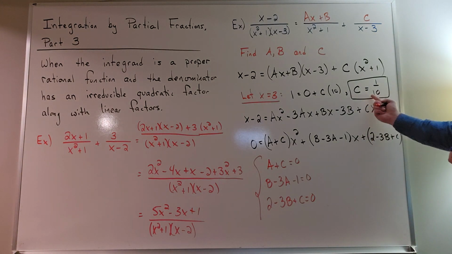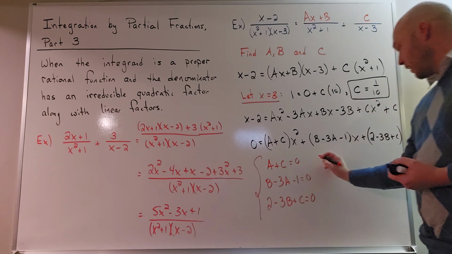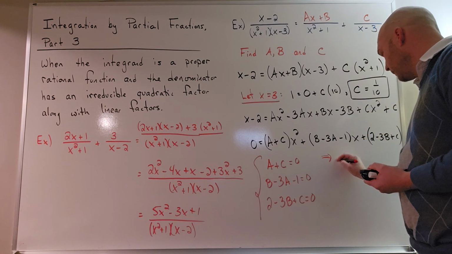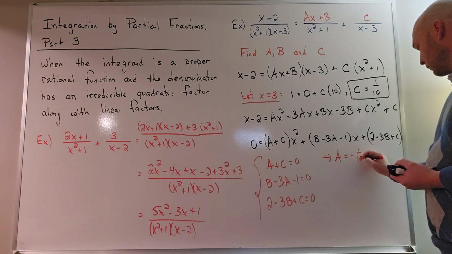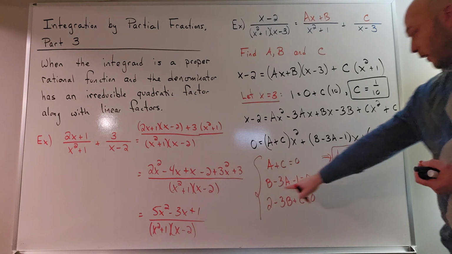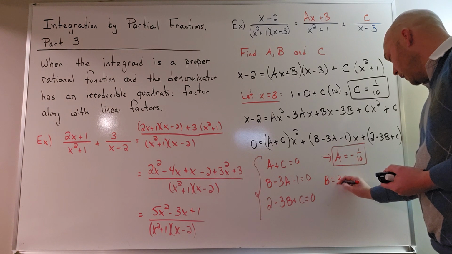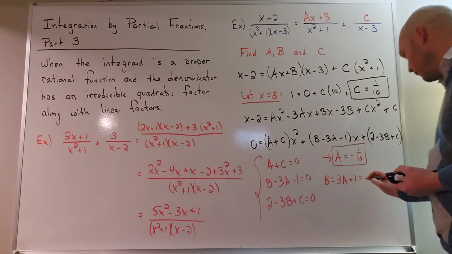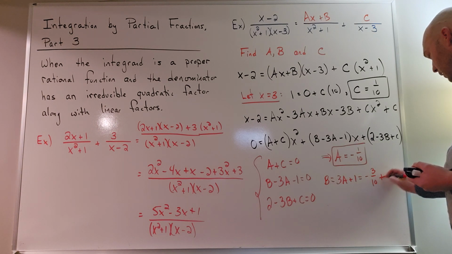Now the fact that I already know what c is automatically gives me a. If c is 1/10, then this says that a would be negative 1/10. Now I know a, so I can solve for b. b would be 3a plus 1, which would be negative 3/10 plus 1.